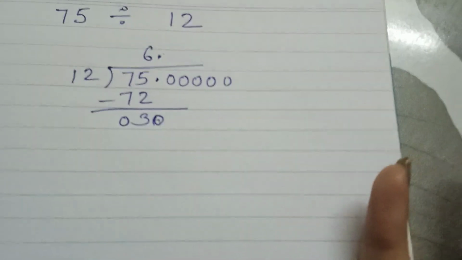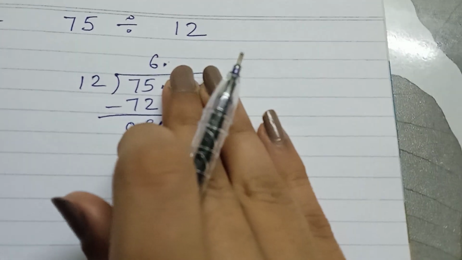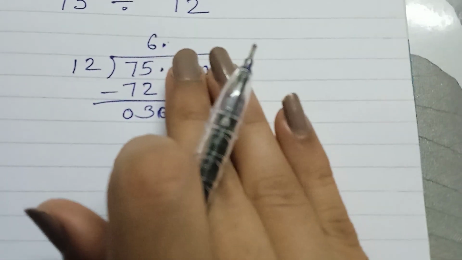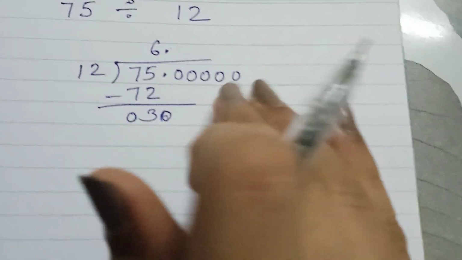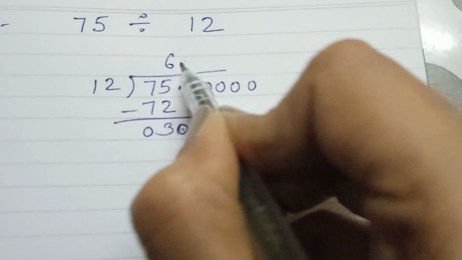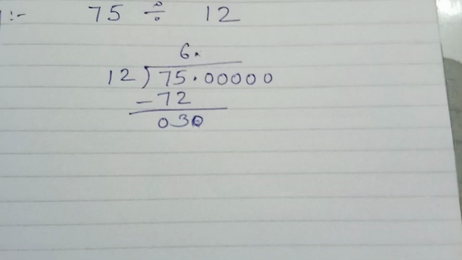The value is the same, 75.000 or just 75, it is the same. So instead of writing this here, directly we will give a decimal point in the quotient and take a 0 in the remainder part.